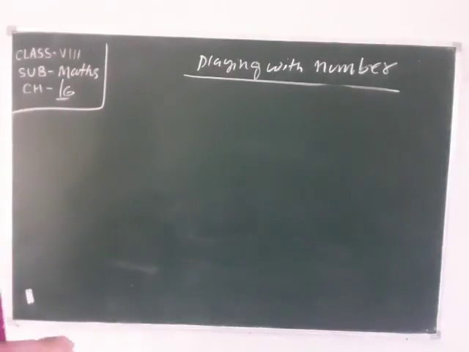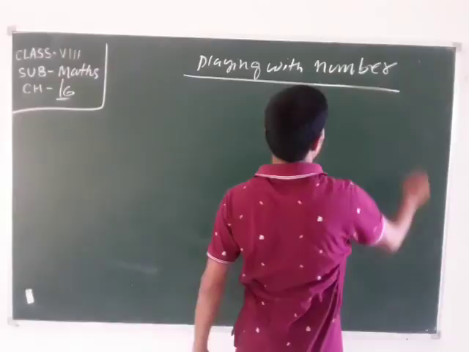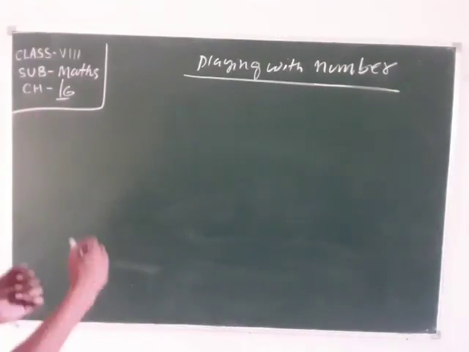Here is playing with numbers, that means we can play with numbers. What are numbers in general form? Then let us take examples.